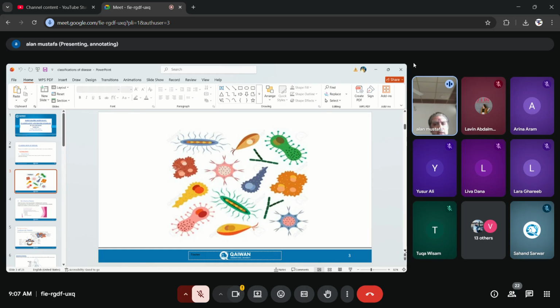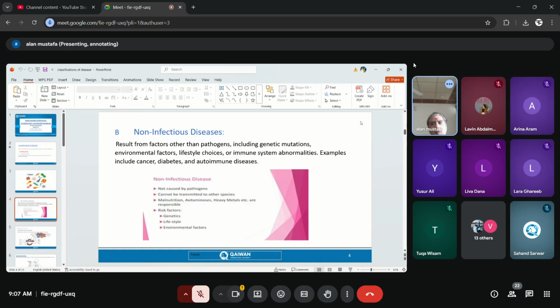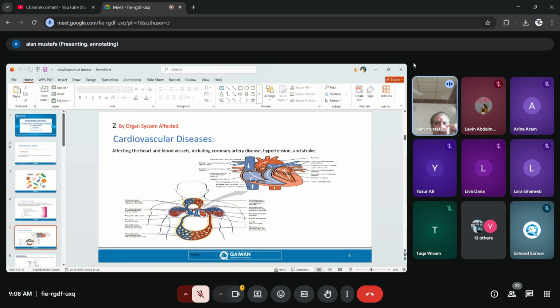What is the difference between bacteria and virus? Anyone? Okay. Now, so this is one way.